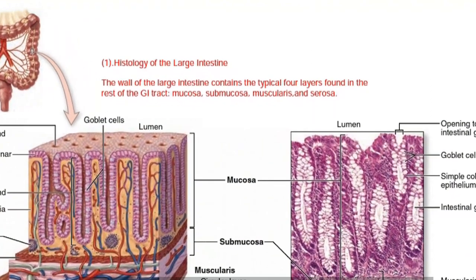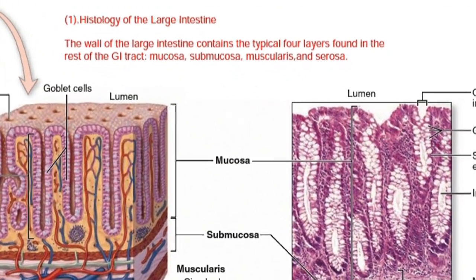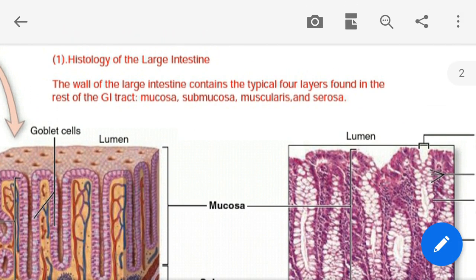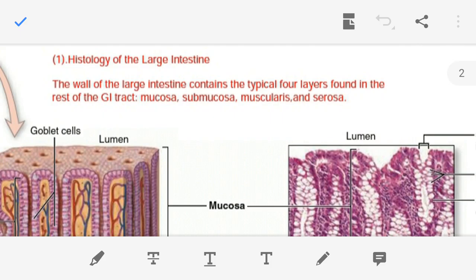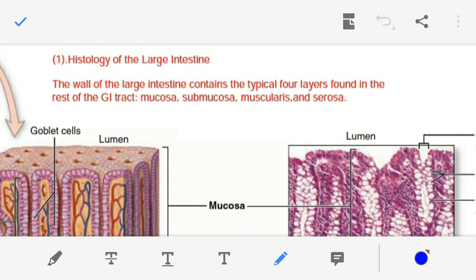Now we know the wall of the entire GI tract has mucosa, submucosa, muscularis and serosa. So the wall of the large intestine also has these four layers: mucosa, submucosa, muscularis and serosa.